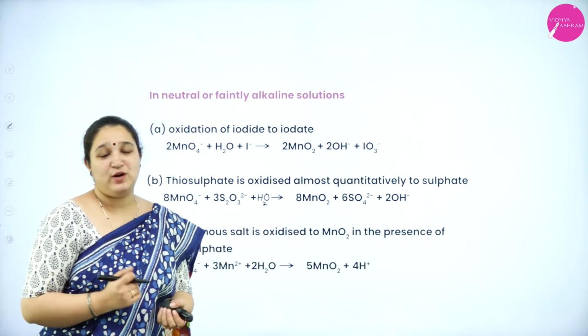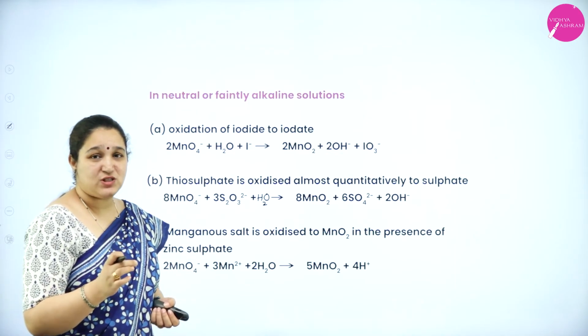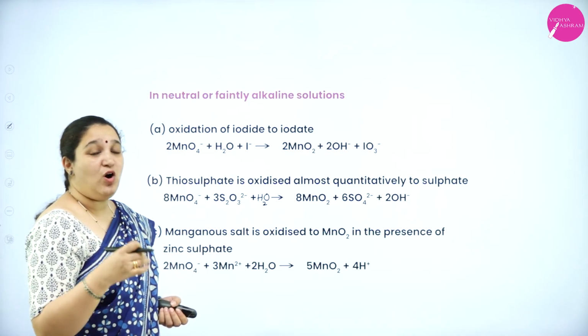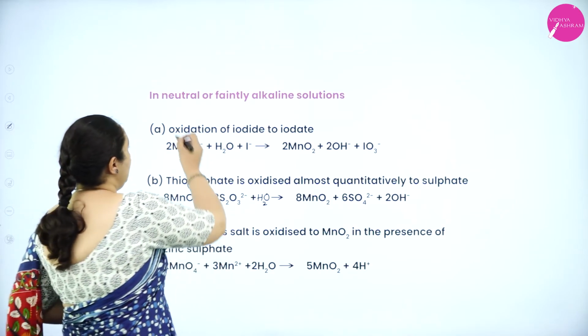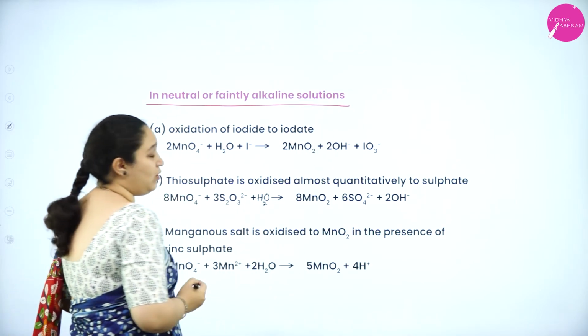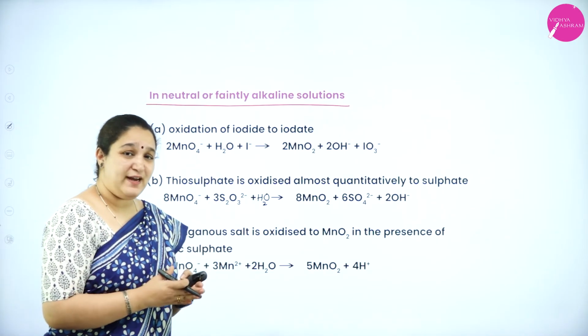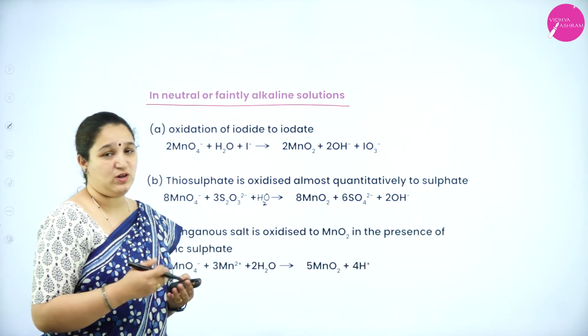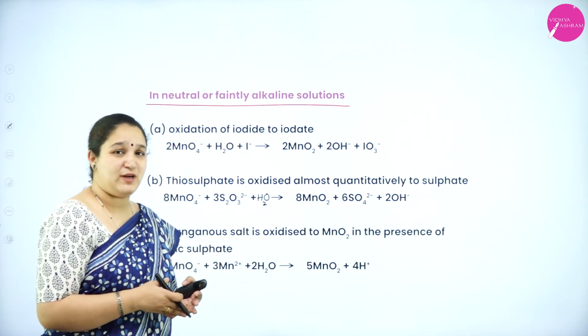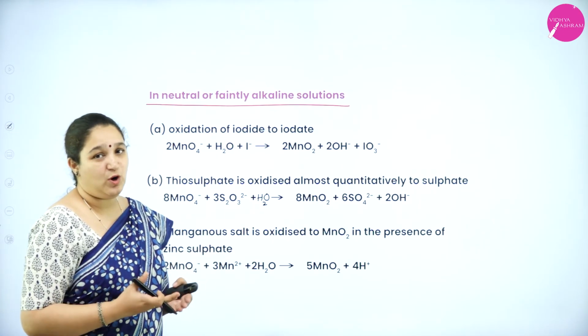Okay. Next we are going to study the reactions in neutral or faintly alkaline solution. Okay, here what is happening? Now you can make out the difference. If I use acidified potassium permanganate, what is the product formed? If I use neutral potassium permanganate, what is the product formed?